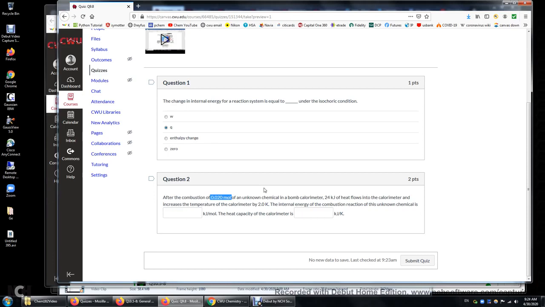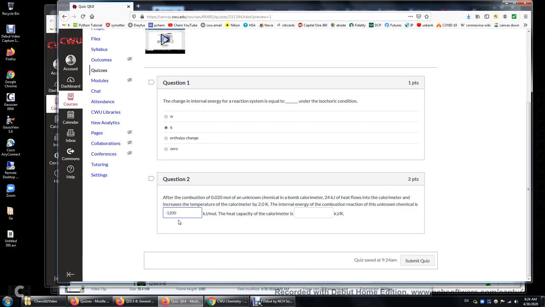The chemical loses energy to the calorimeter. So it's got to be negative. Again, for exothermic reactions, the internal energy of the reaction is negative. For endothermic reactions, the chemical absorbs energy, therefore the internal energy of the reaction is positive.